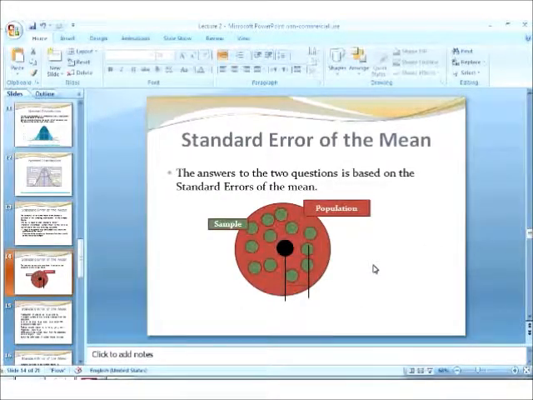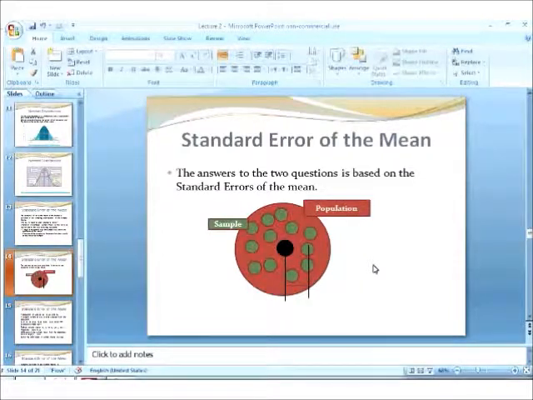Let's say this red circle here represents the population of the 100 students in my class. Okay, agreed? Out of that population, I can have several combinations of 2 students, 3 students, 4 students, 5 students, because we want to break down our data sets to find out the internal standard error.